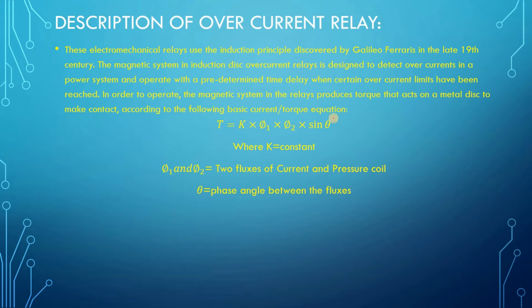As you can see, there is an equation given, the equation of torque. We know in the electromechanical relay there is a disc. That disc rotates, and when it rotates, it moves from the normal position to the fault position.